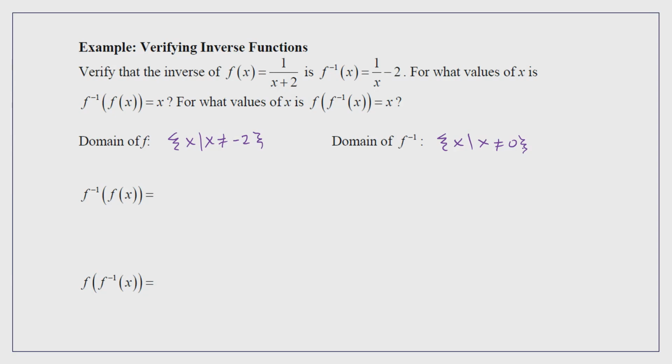Okay. So now let's evaluate both of these expressions. So first we'll take the inverse function of f of f of x. So that will be the inverse function of f, where x is 1 divided by x plus 2. So we'll substitute that into the inverse function.